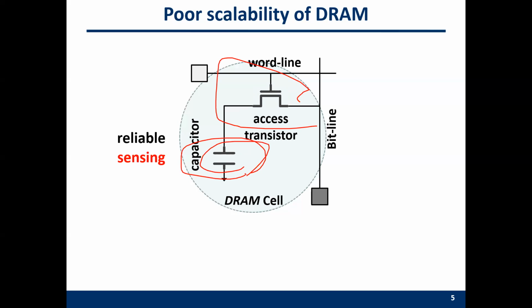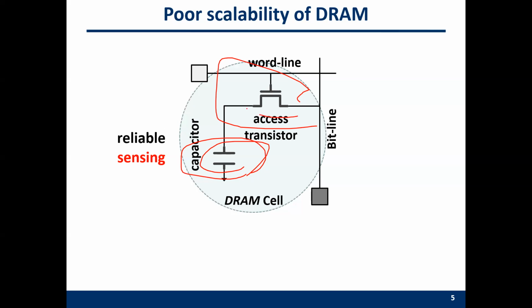Why? Because now it only has maybe several charges. If you further reduce the size, maybe sometimes you don't have even one charge. A single charge you cannot hold. At that time, you cannot distinguish 1 and 0 anymore.